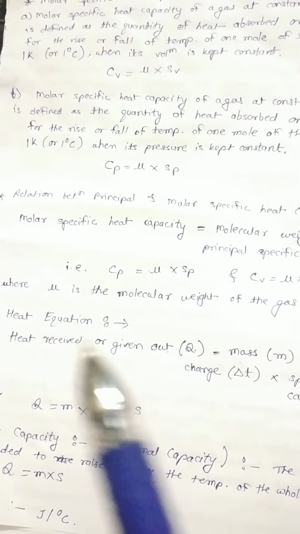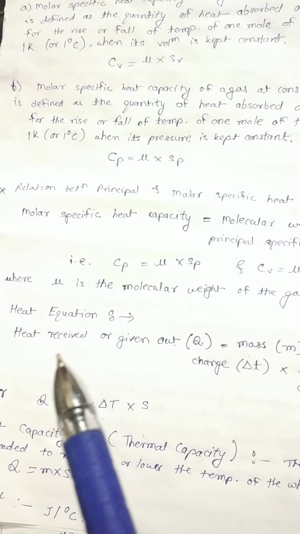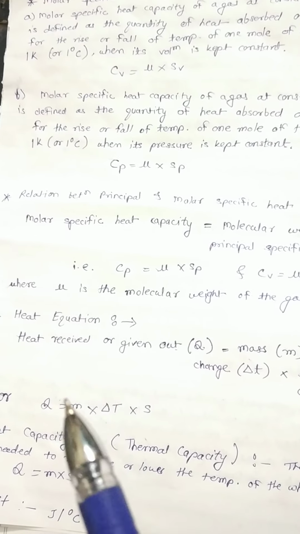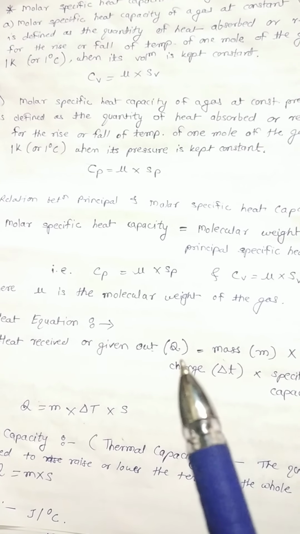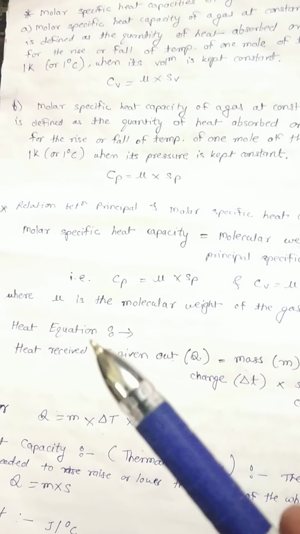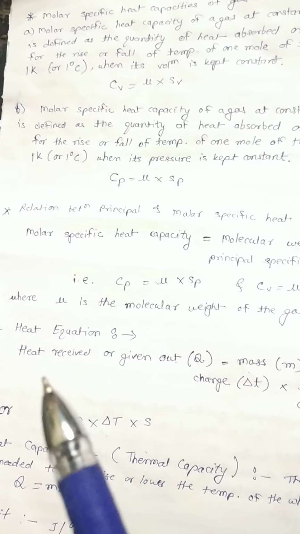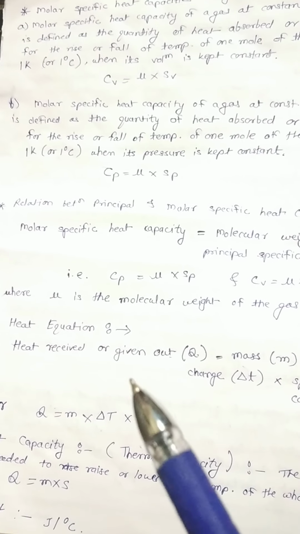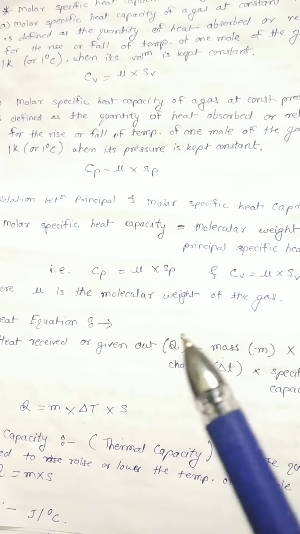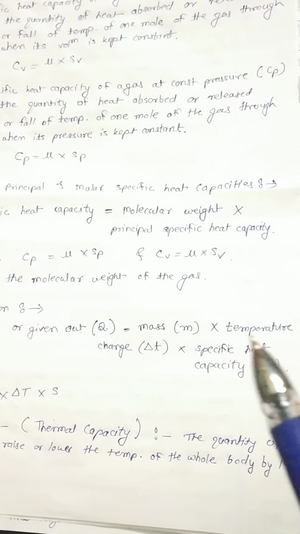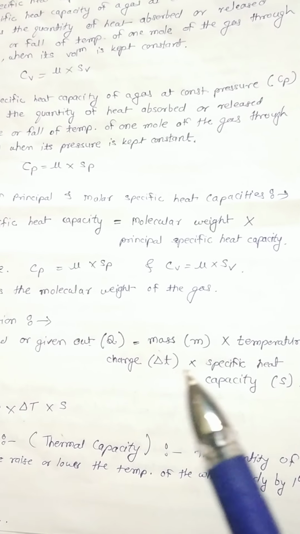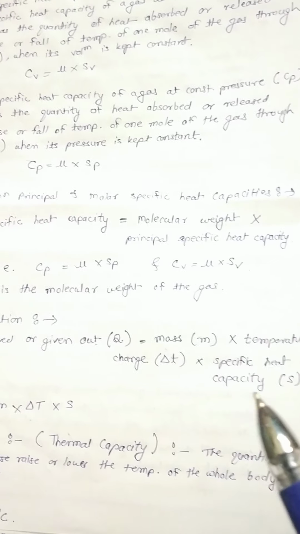Now our next point, the heat equation. Heat is denoted by Q, we know that. The heat received or given out is equal to mass times temperature change times specific heat capacity.